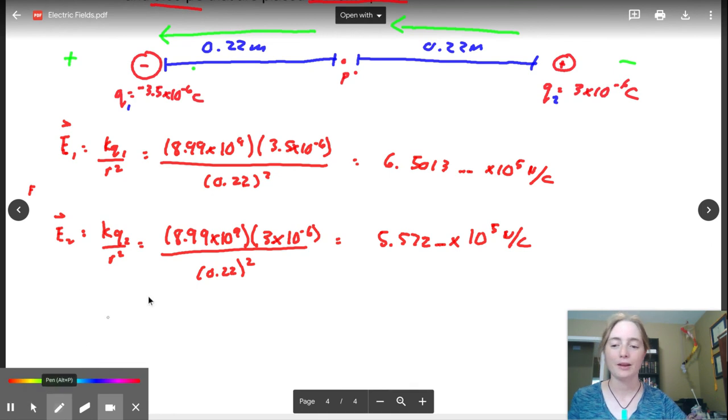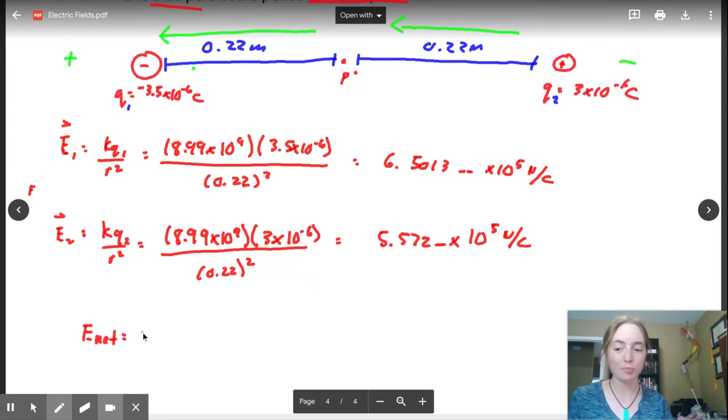Okay. So now I am going to find my E net at point P, which is going to be E1 plus E2. Add them together. I've chosen to make left positive, so therefore they're positive. If you choose to make left negative, rock on, make left negative. I'm just choosing to make them positive.